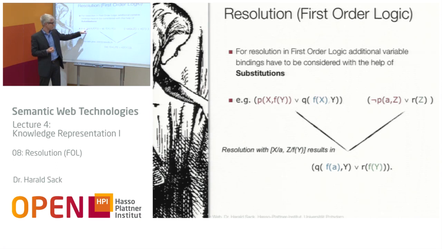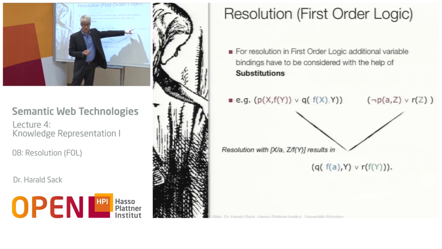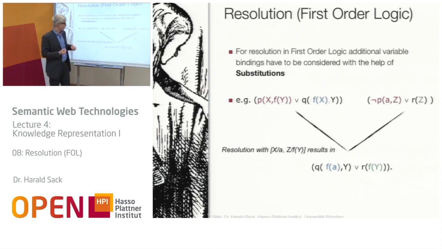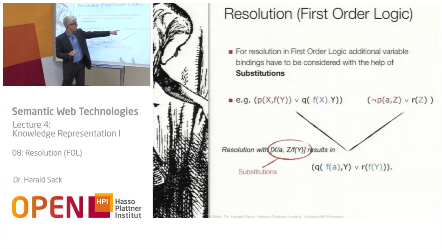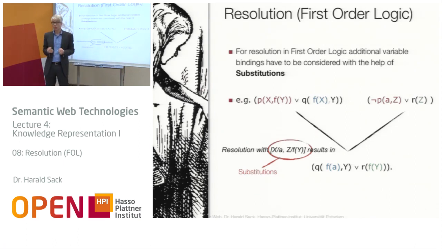Then you see here we have the predicate p and here not p, and both in the first place will be an a. And secondly, we can substitute the variable z with a function of a variable y, here f of y. And then, with these substitutions, we can make a resolution because we identify that this and this can be removed.